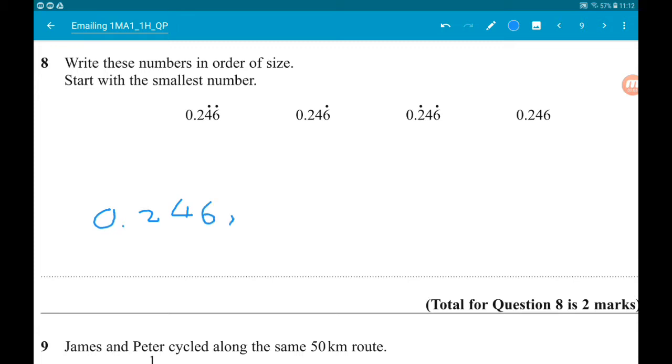Okay, then the next one is going to be 0.246 with the dot above the 2 and the 6, because the next digit after the 6 is a 2.